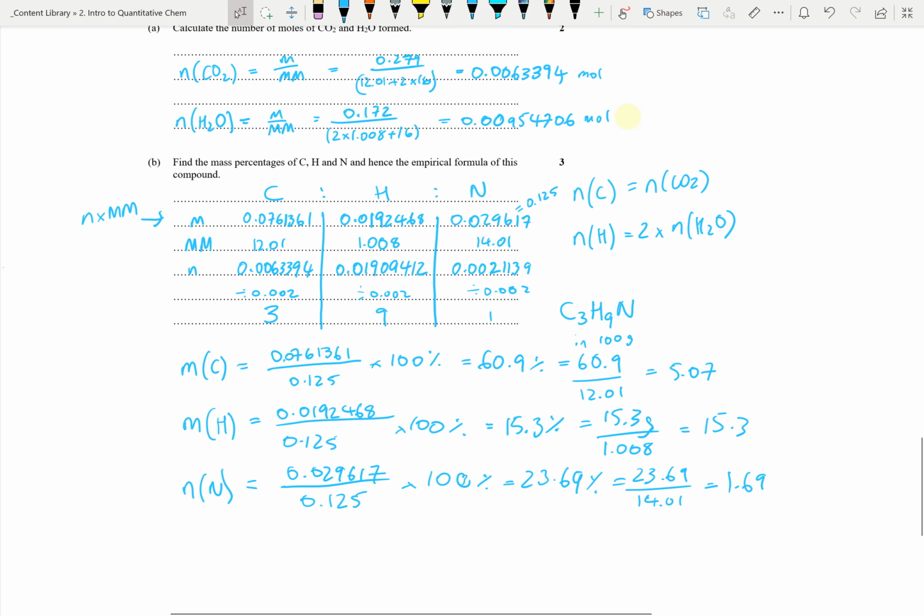And lo and behold, if you divide them all by 1.69, you should get 9, times by 9, and that should give you 3. Okay, so this is the stupid way, and that's the way it should be done. Unfortunately, this is the way you needed to go.